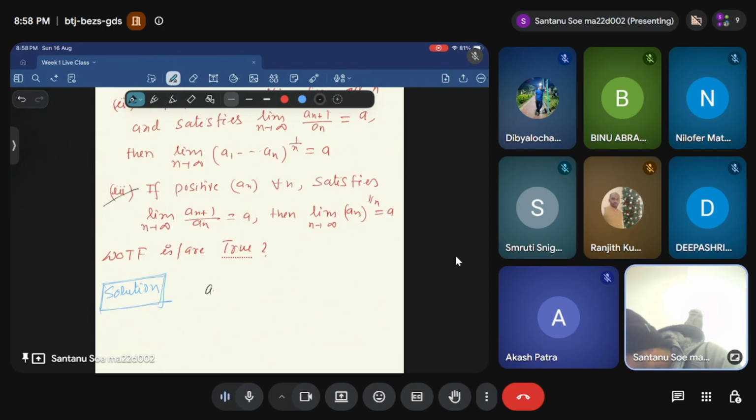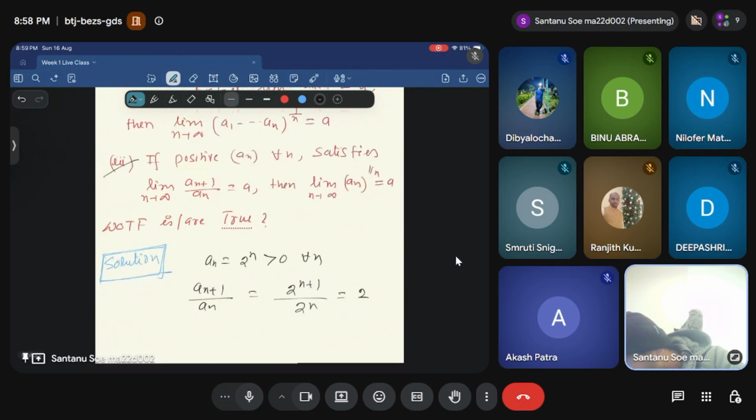You just take an to be 2 to the power n. Clearly this is positive for all n. Now what is a(n+1) by an? This is 2 to the power n+1 divided by 2 to the power n. This is just 2, right?